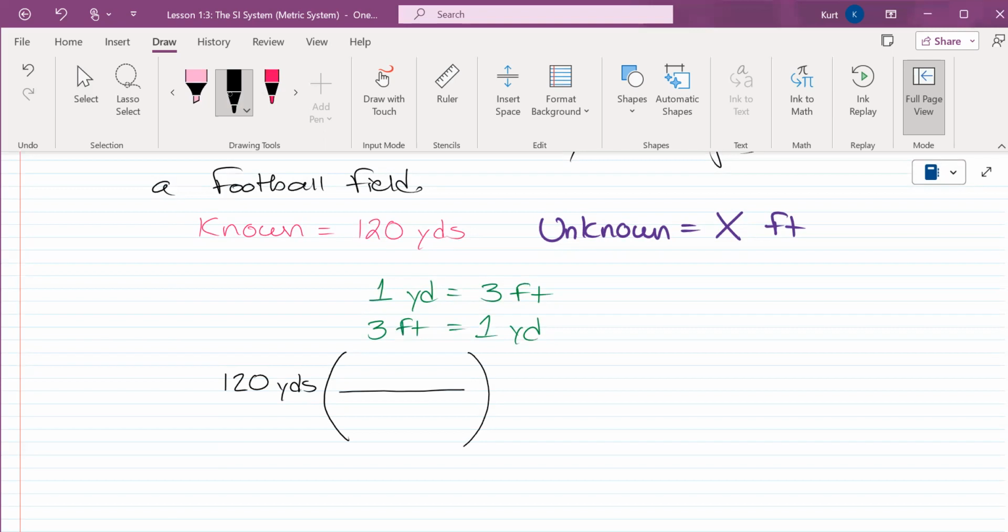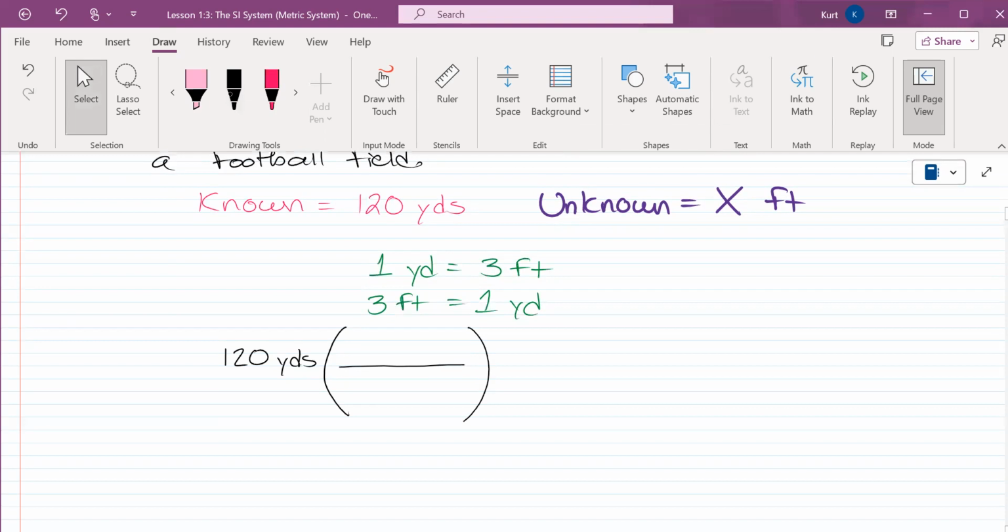On the bottom of this conversion table, you'll put your conversion factor, but you want to make sure that you put whatever unit you got from your conversion factor in the same unit of measurement. I know there's a lot of gobbledygook. What is my unit of measurement right here on my known value? Yards. So in this conversion table, I want to put yards on the bottom.